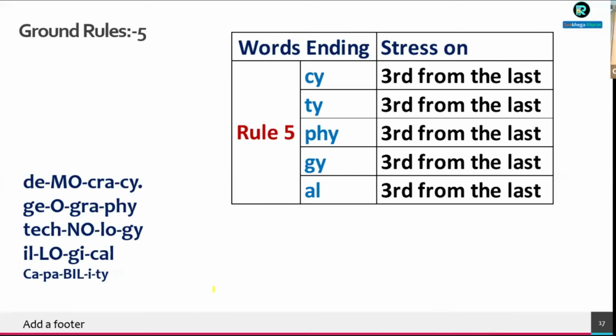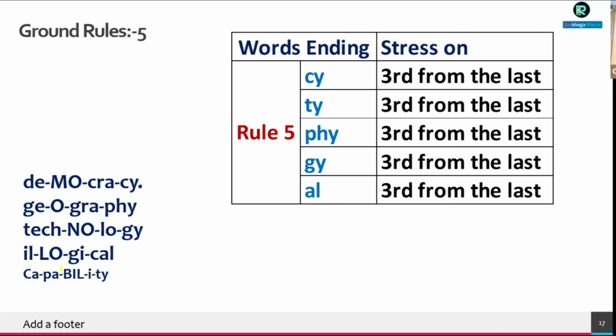Capability. In capability, you can see there are five syllables, right? And all the syllables have to be pronounced. Though unstressed, that means we have to pronounce them, but we don't have to stress them. But it has to come to my ear.